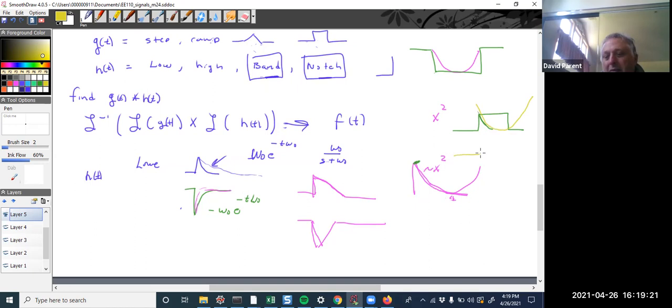So this would become this. It's 0 up to that point, then it decays and then it's 0. That's what I'm saying, I could get something proportional to x squared. I just have to scale it. So that's how you could create another low pass shape.